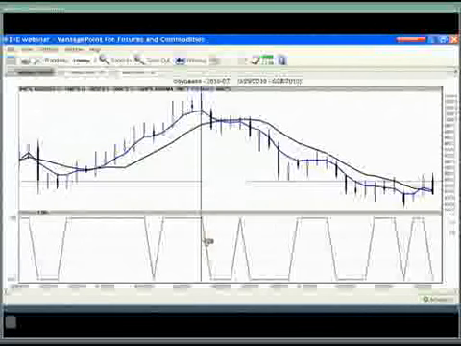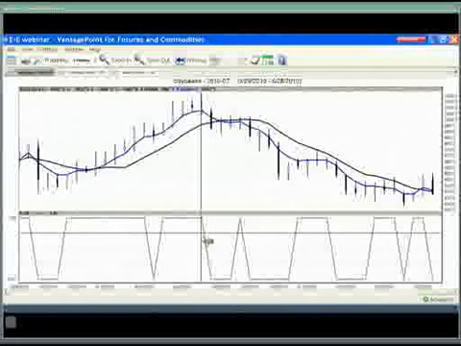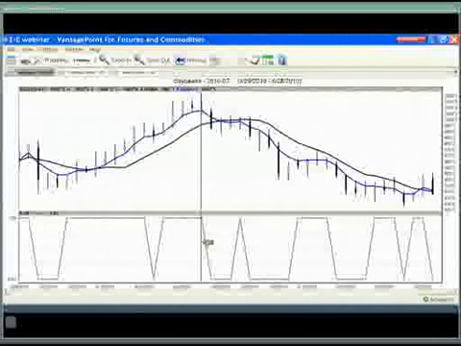The neural index, that gray line that you see on the bottom, has a couple of different readings that you can get out of that. The neural index basically compares two 3-day moving averages, a predicted moving average versus an actual moving average, and it projects 2 days ahead what the price will be.